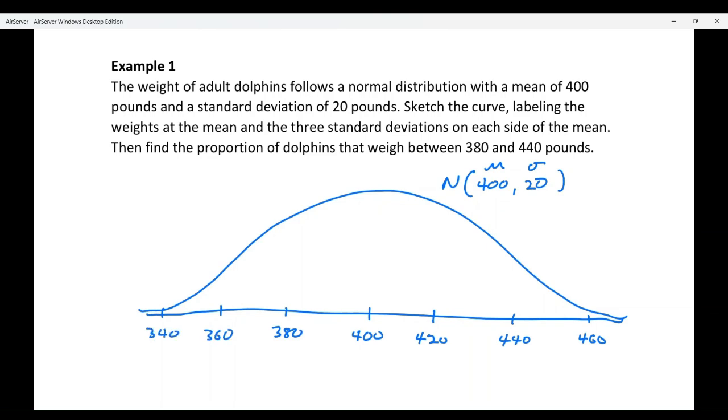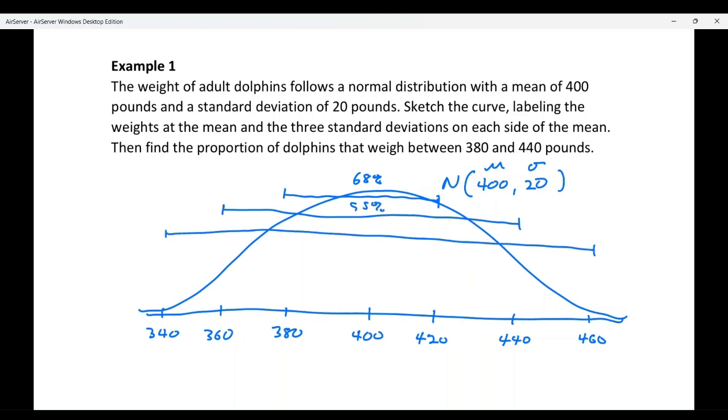Now, just as a quick reminder: 1 standard deviation away on either side is about 68% of our data. 2 standard deviations away is about 95% of our data. And 3 standard deviations away is about 99.7% of our data.